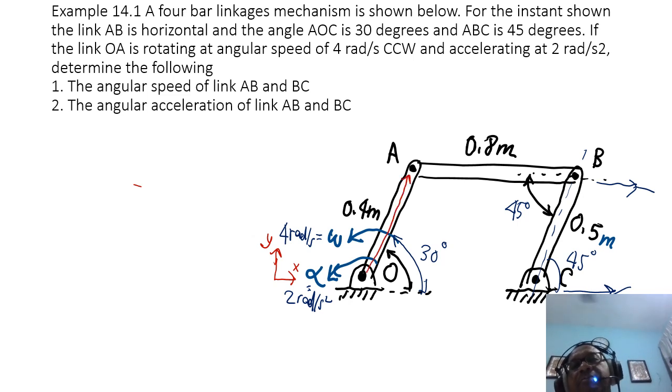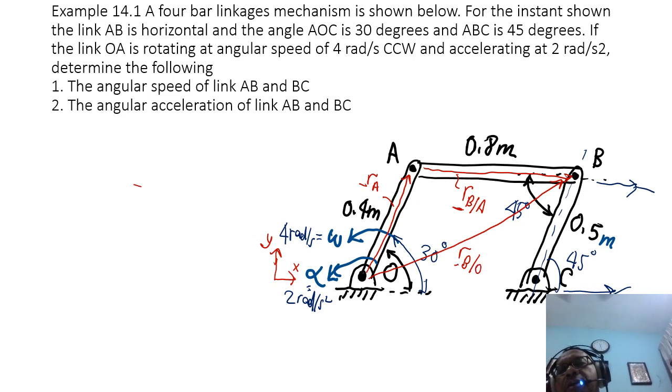This is my position vector A, this is position vector B relative to A, and this is position vector B relative to O. Because O is not moving, I can rub it off, and A relative to O becomes position vector A.